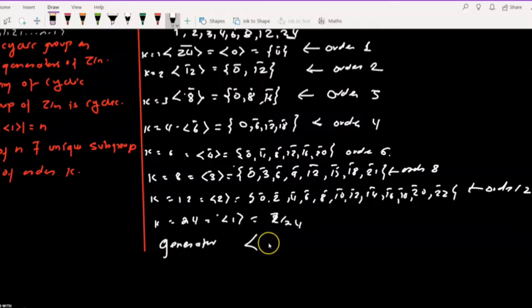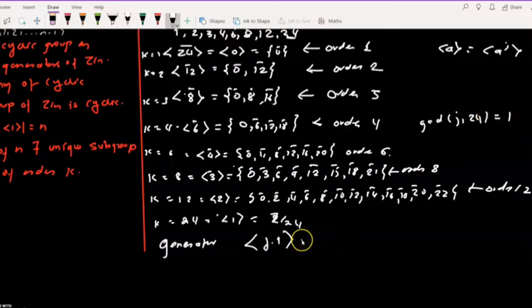Remember, if a is a generator, then a raised to j is also a generator provided GCD of j and n is 1. If I look at this here, then the generator is 1, so j times 1 would be a generator of this subgroup provided GCD of j and 24 is 1. What are the generators? Let's look at that quickly.